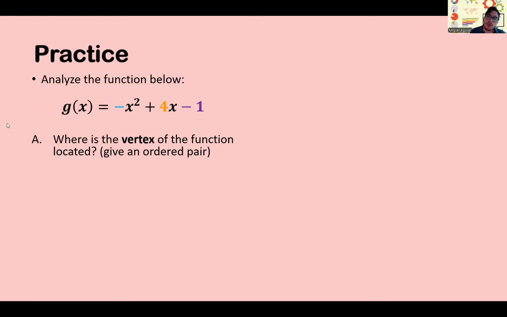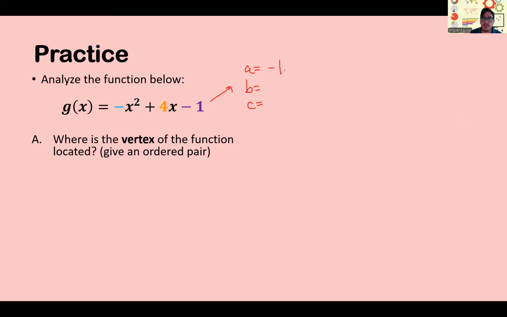If this equation is in standard form, we start the way we start most quadratic equations in standard form, and that is by labeling what is A, B, and C. What is our coefficient A in this quadratic equation? -1.